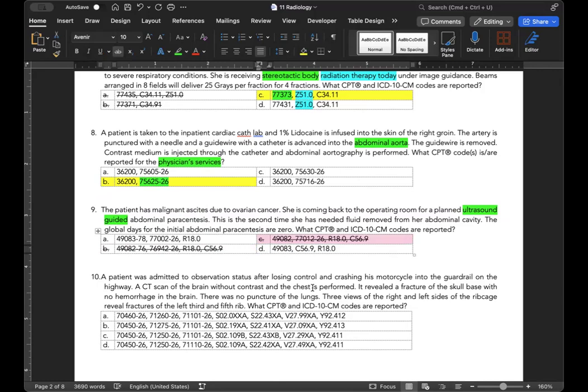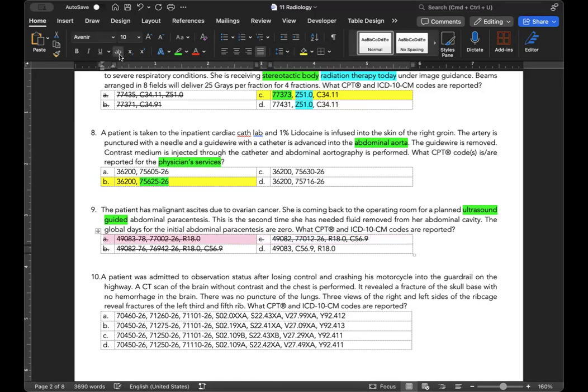So if we have 49083, if you look at your parenthetical note directly underneath it, it tells you do not use this code in conjunction with 77002.